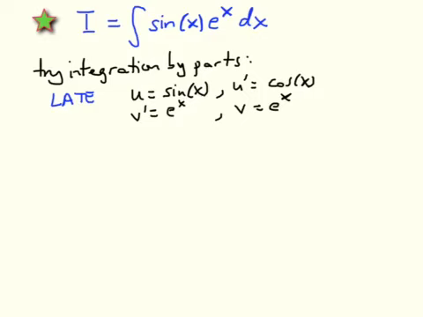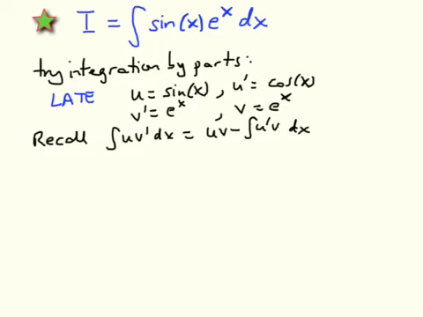And the formula that we are going to use is the integration by parts formula that the integral of u v prime with respect to whatever the variable is, is uv minus the integral of u prime v with respect to the variable.